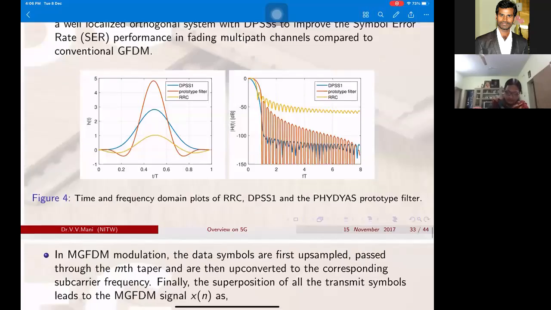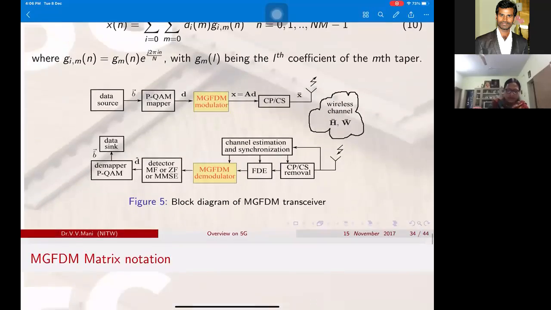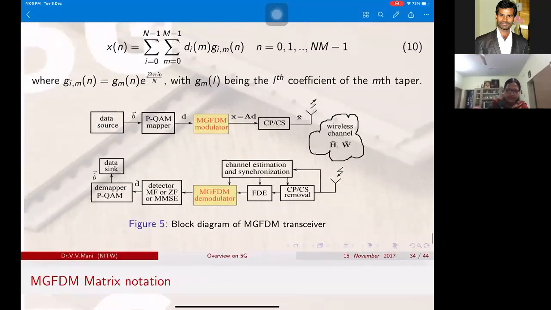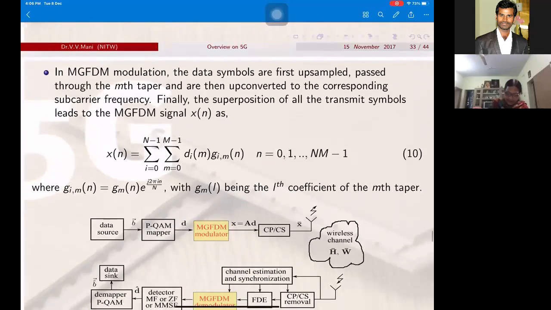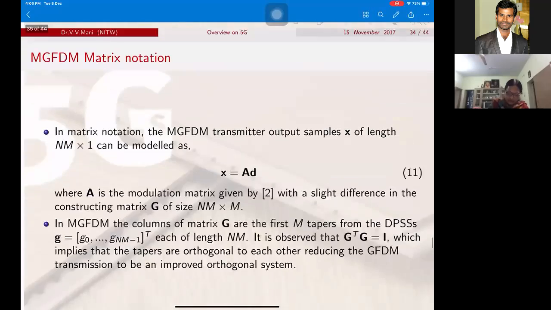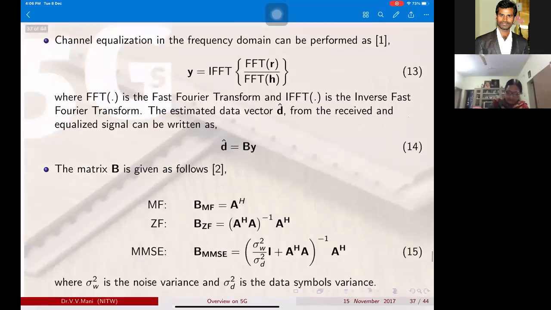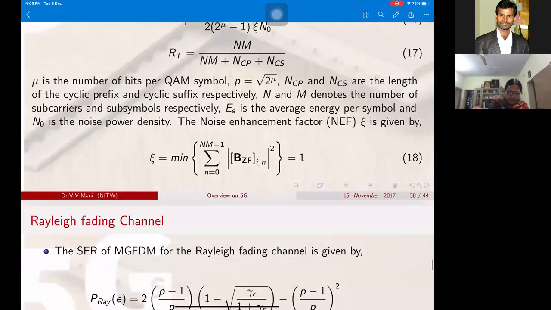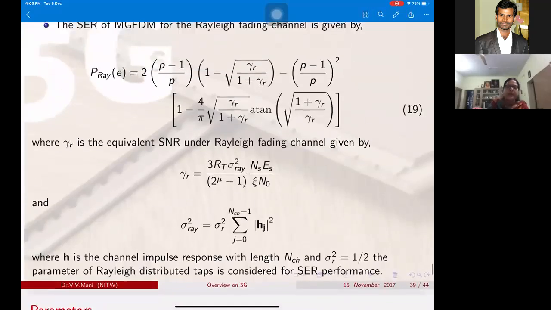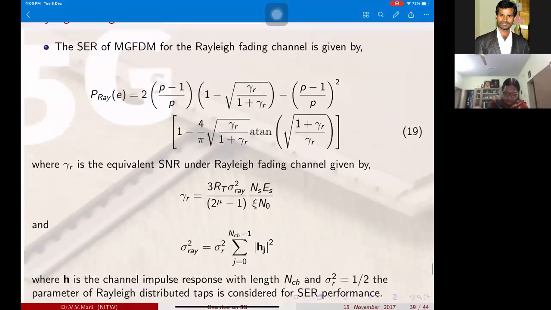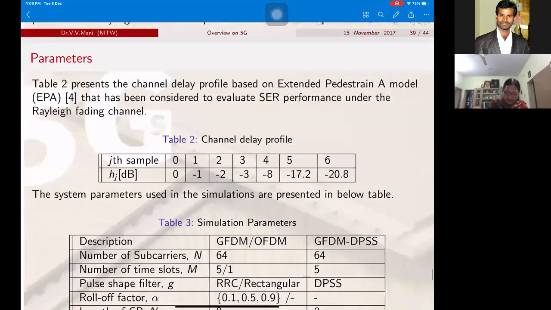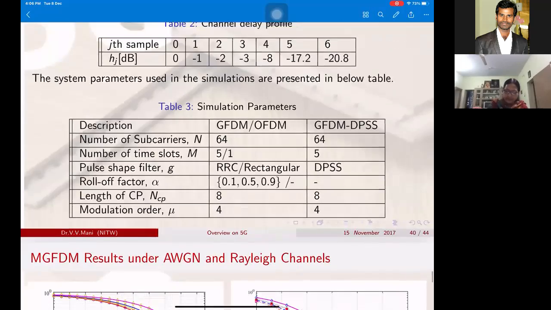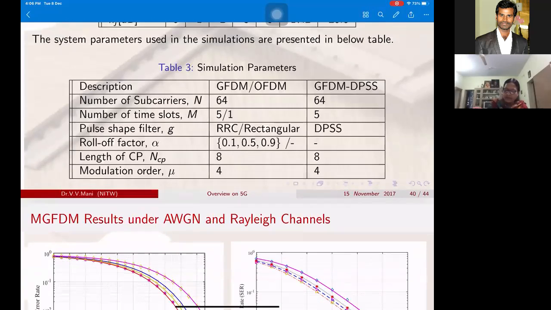And we also considered a multi-taper GFDM. That means the filter bank is changed, and with the new filter bank we saw the different structures of the outputs, and the probability of error was also computed. We saw the parameters we set for GFDM and GFDM DPSS.